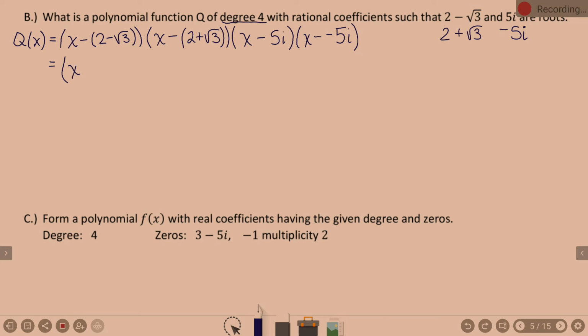X, you got this first one, minus 2 and plus square root of 3. Change both signs. Next one is x minus 2 minus square root of 3. We still have x minus 5i and what we already called x plus 5i.